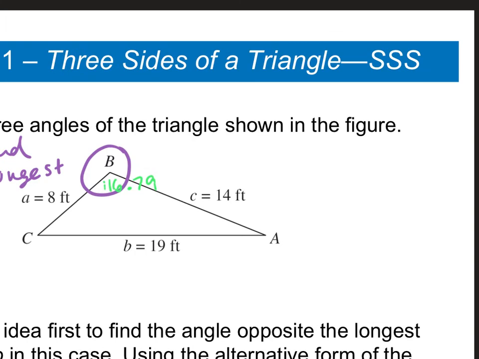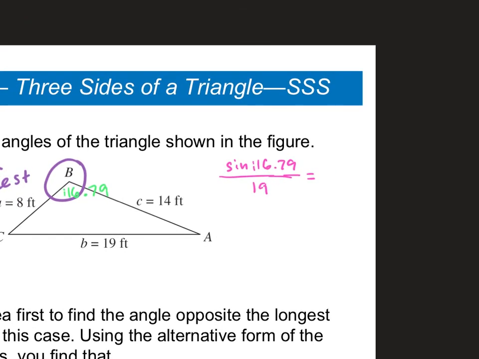So we can say sine of 116.79 over 19 is equal to sine A over 8. Sine A over A, which A is 8, so sine A over 8.